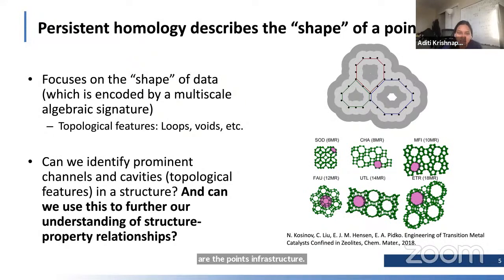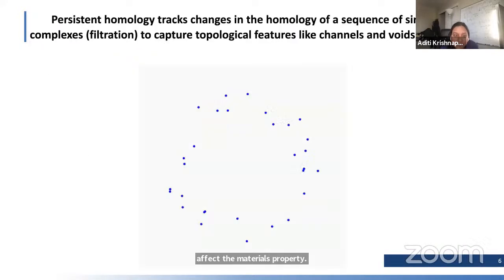And can we actually use that information for something useful? And so if you see here, some materials have these channels and voids that actually sensitively affect the material's property. And so can we actually identify those and figure out how we can use those in some type of algorithm?